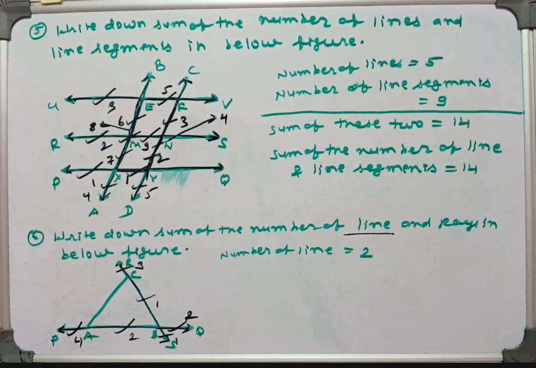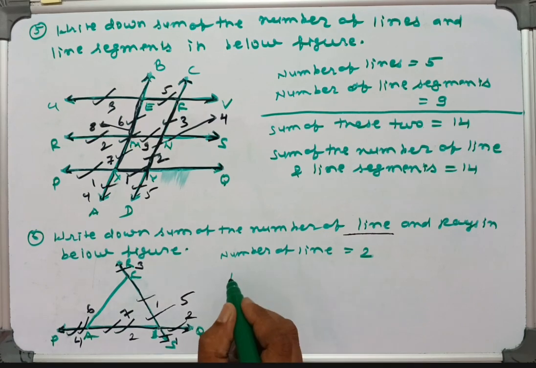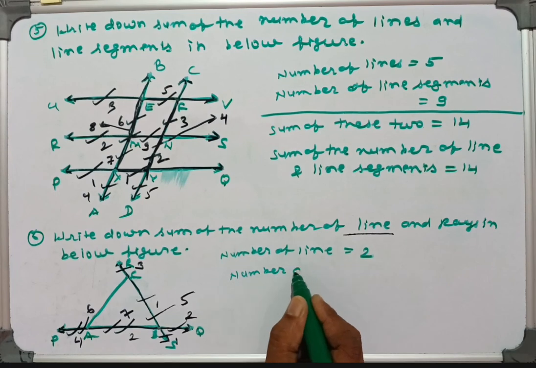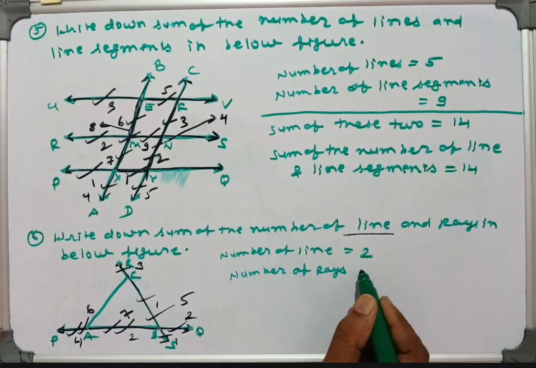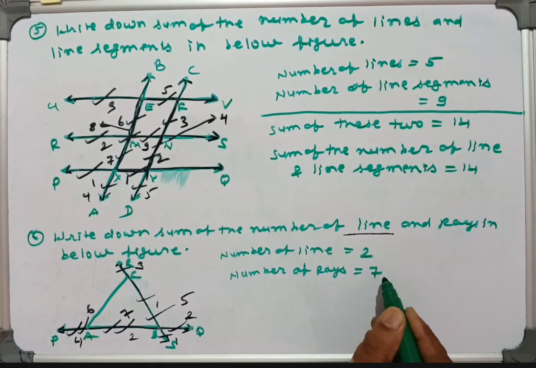Now what we left here, see here BR is also an example of a ray, so this one is the fifth one. Now BP is an example of a ray, so this one is the sixth one, and AQ is an example of a ray, then this one is the seventh one. So our answer here is number of rays equal to 7.